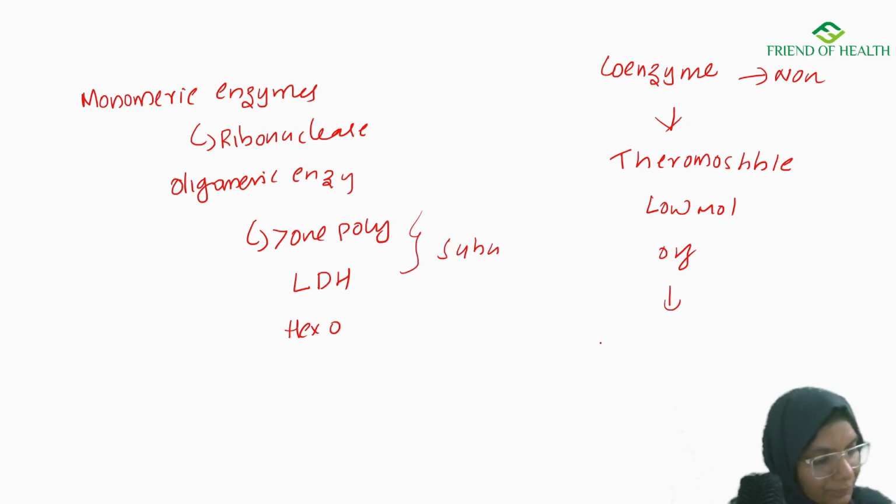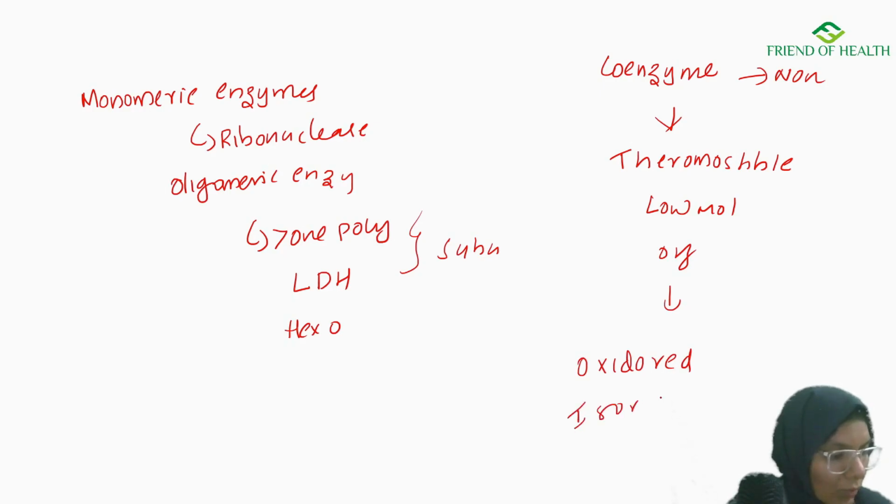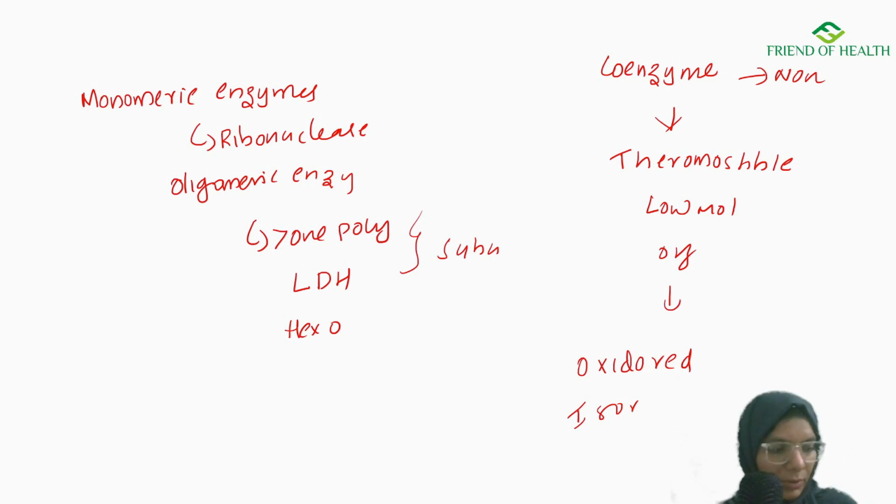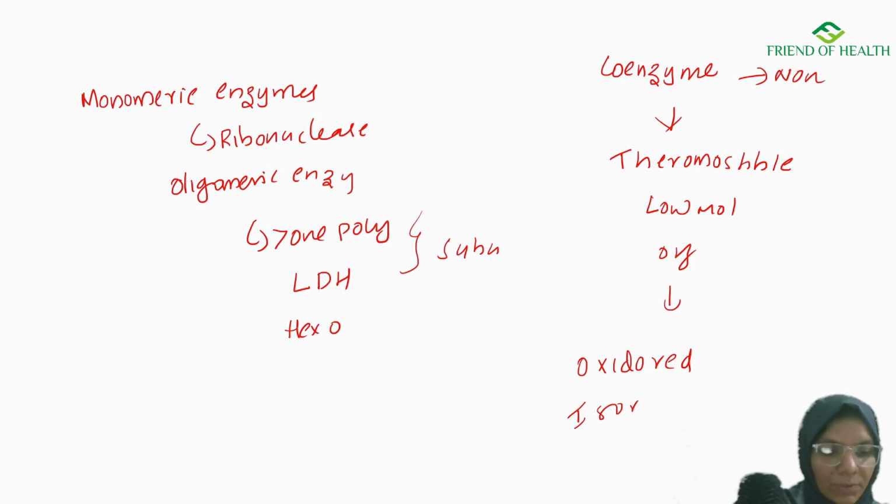This includes oxidoreductase, isomerization and covalent bond formation requiring coenzyme. Just remember what a coenzyme is and examples, that's it. It is also known as a co-substrate or second substrate.